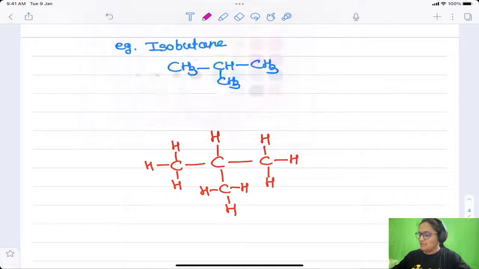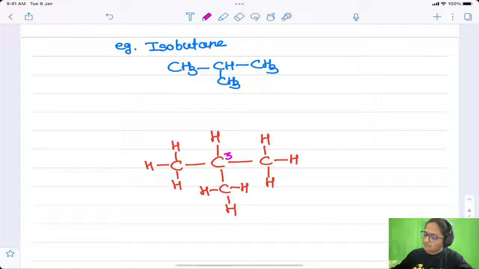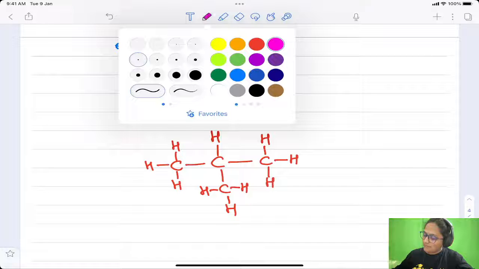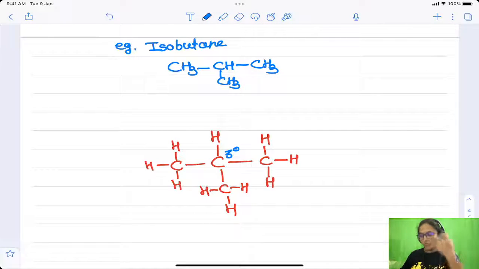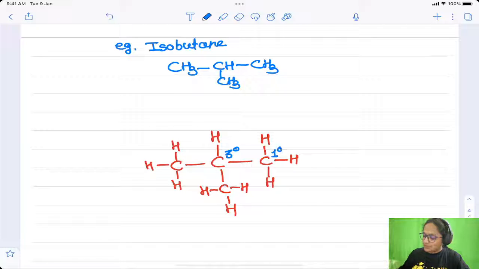The carbon atom which is attached to three other carbon atoms is the tertiary, so this is a tertiary carbon. A carbon atom attached to two other carbon atoms is the secondary, which is not present here. A carbon atom attached to three hydrogens is the primary, so these three are the primary carbon atoms.